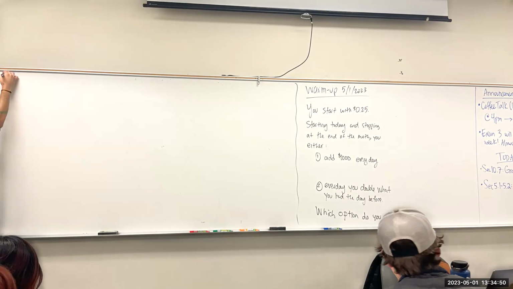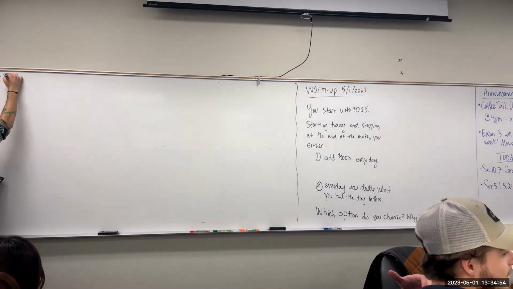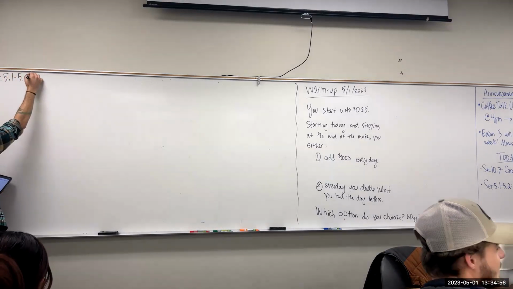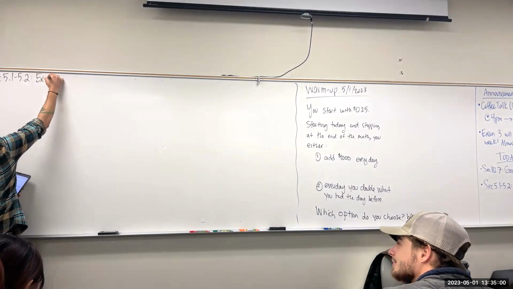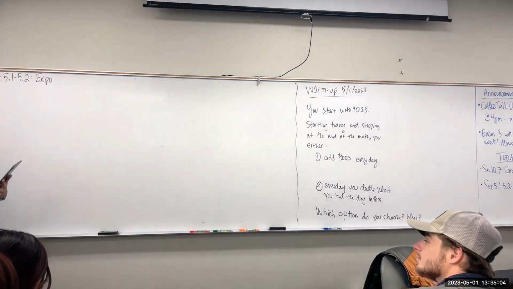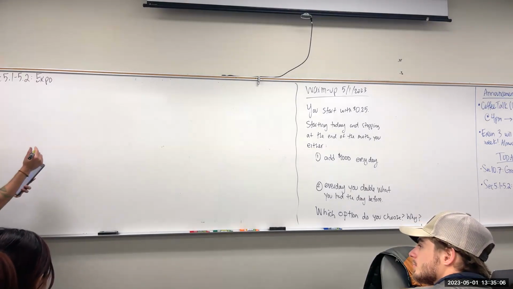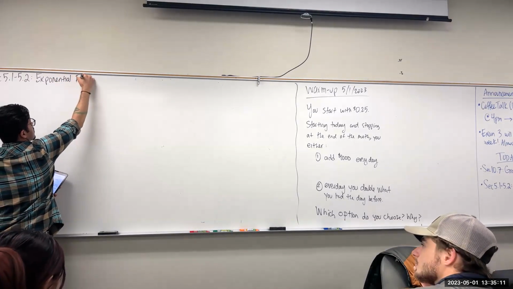So we're going to go back and finish this class in chapter 5. So this is section 5.1 and 5.2 about exponential functions. And we're also going to review some exponent rules that are very tricky, that you probably haven't done in a while. Exponential function.